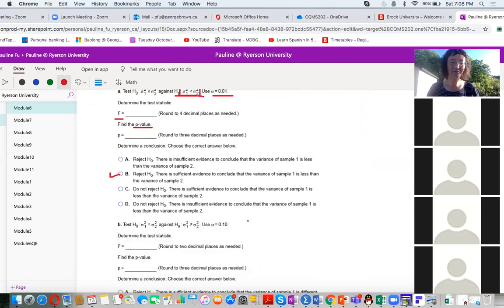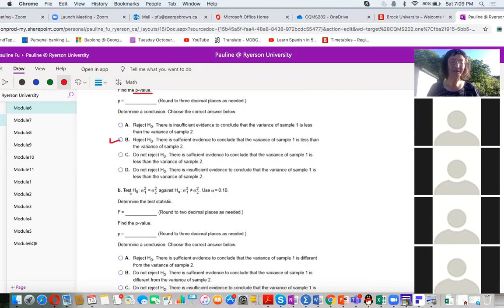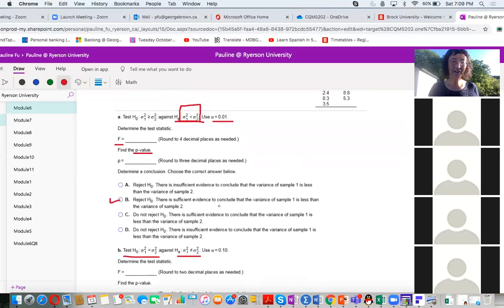Okay, now part B asks you to test H0, sigma 1 squared equal to sigma 2 squared, and HA or H1, sigma 1 squared not equal to sigma 2 squared. And this is an example of a two-tailed test. Okay, so what you do, you follow exactly what we did here.